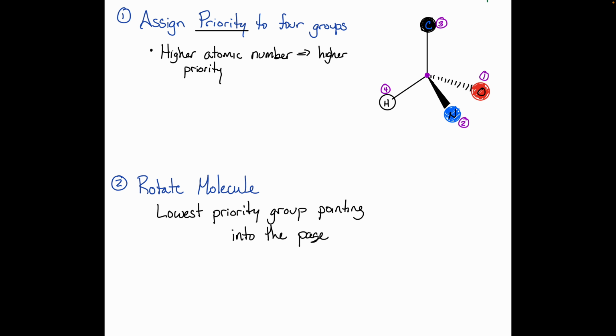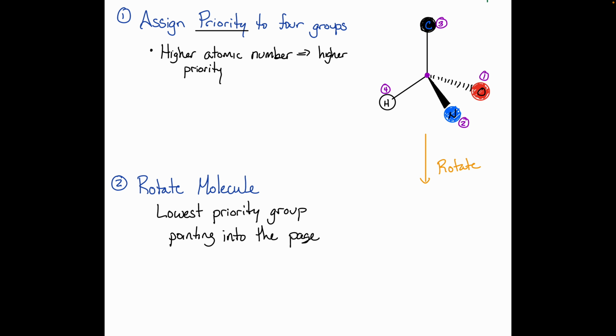Which means I want it on what? A dash, a wedge, or a straight line bond? I want it on the dashed bond here, all right? So what I'm going to do is take this molecule and rotate it. So how are we going to do that? Let's take a look at our model kit here.